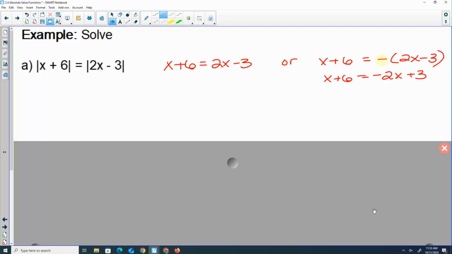From here, we just solve our equations. Subtract over my 2x and my 6. And that equals negative 9. Divide, so x should equal positive 9.